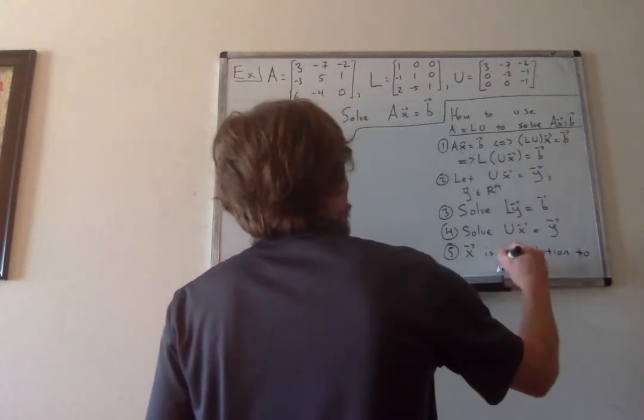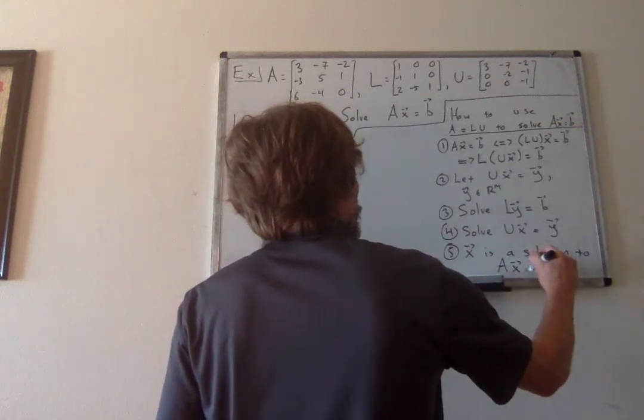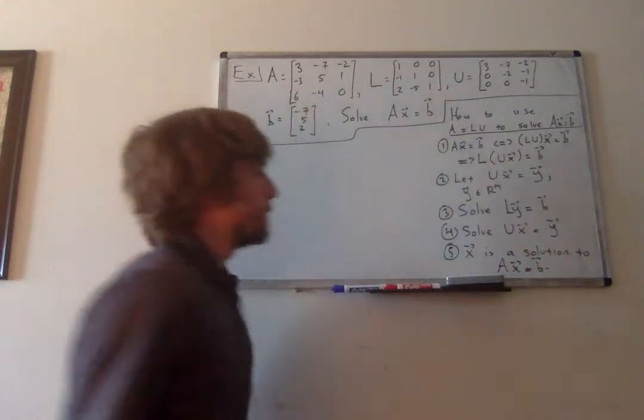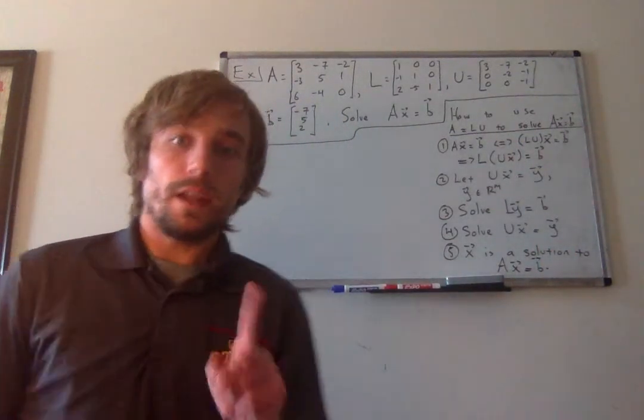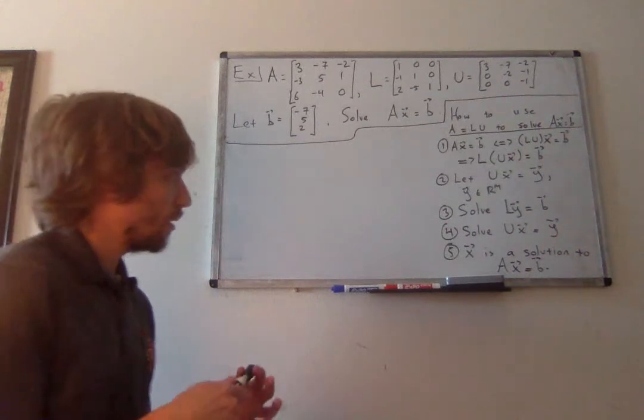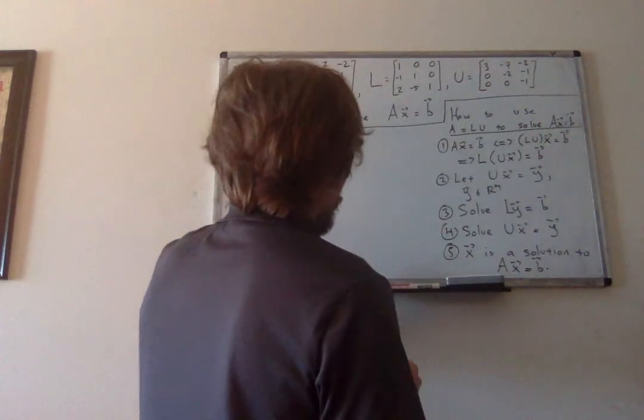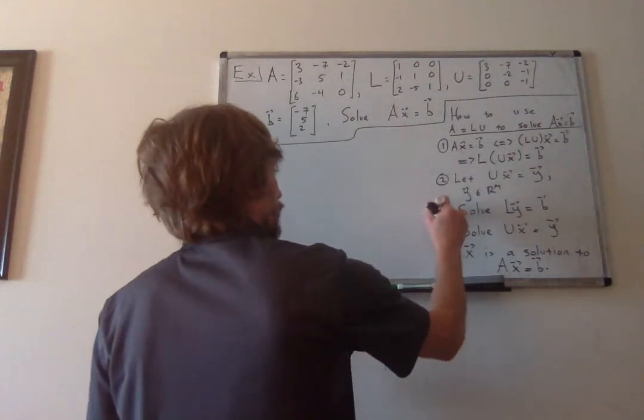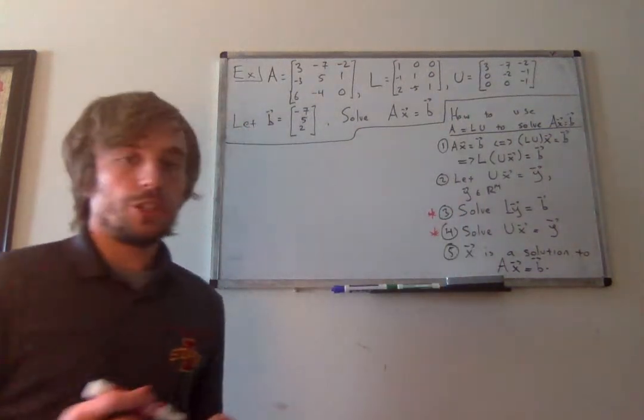So X is a solution to Ax equals B. And so why LU factorizations? Well, it turns out that these steps 3 and 4 are very efficient.